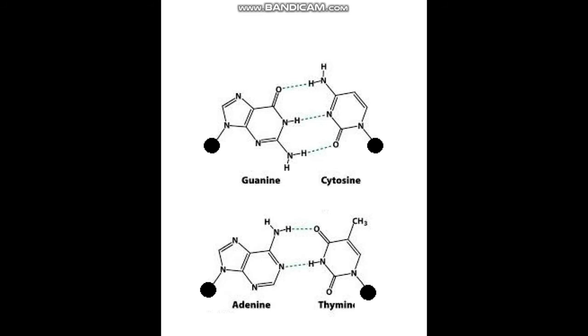Now, the big issue that then raises is that, of course, these hydrogen bonds are said to be the key to the function of DNA as a repository of genetic information.